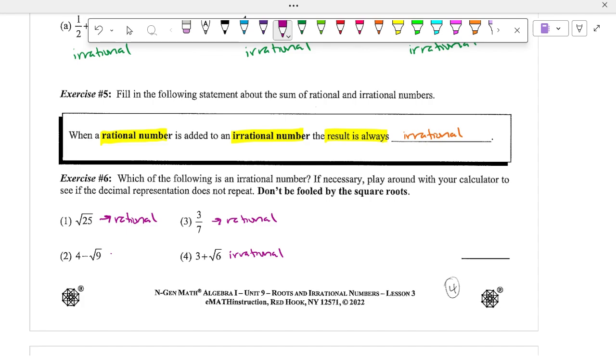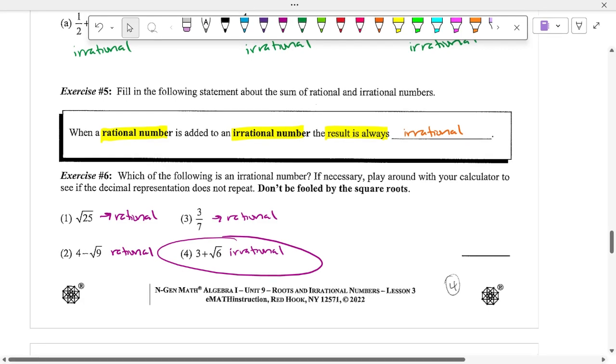So is 2 rational or irrational? It's rational. So our irrational number would be 4. All right. Any questions on simplifying square roots or rational versus irrational?